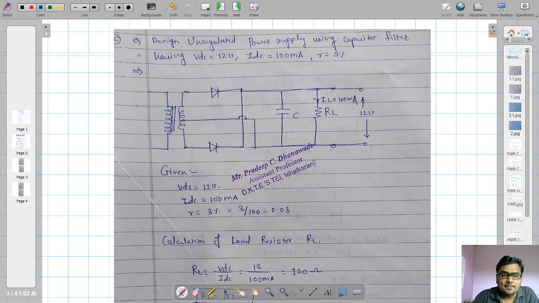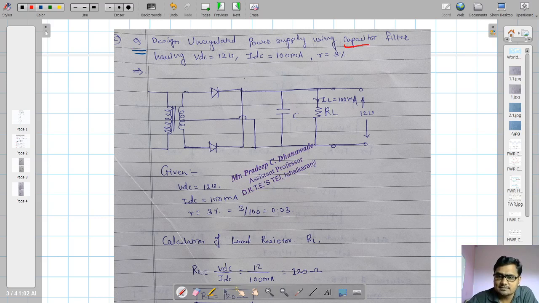If the example is related to a capacitor filter, let me use another pen. It is: design an unregulated power supply using a capacitor filter having VDC equal to 12 volt and IDC 100 milliampere with a ripple factor of 3%. Clearly the statement says it is an unregulated supply with a capacitor filter.